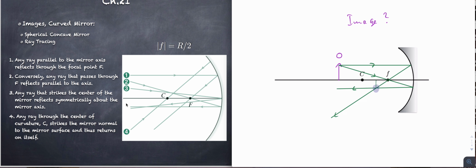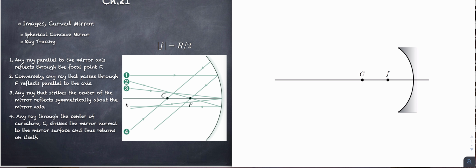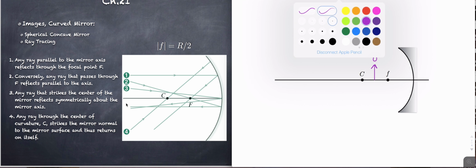Equivalently, we could have placed the object right here, in between the center of curvature and the focal point of the mirror. And all we're going to do is follow the same rules. Let me switch colors again.